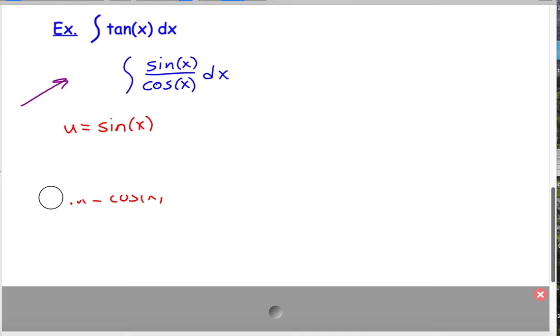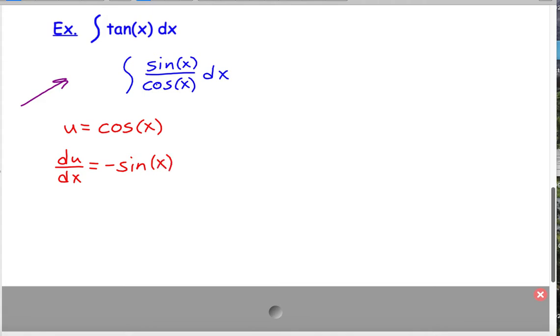So once again, that only leaves one option. What if we let u equal the cosine of x? Let's see what happens here. The derivative of u with respect to x is negative sine x. The negative isn't really a problem. And if I multiply both sides by negative and dx, I'm going to get negative du equals sine of x times dx.